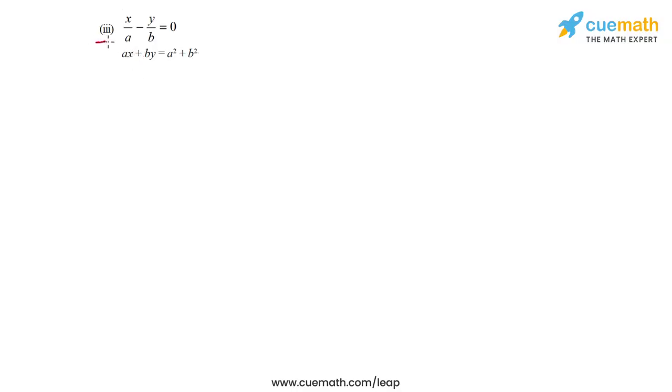In part 3, the equations are x by a minus y by b equal to 0 and ax plus by equal to a square plus b square. I'm going to use substitution to solve this pair of equations. From the first equation I have x by a equal to y by b, which means that x is equal to ay by b.